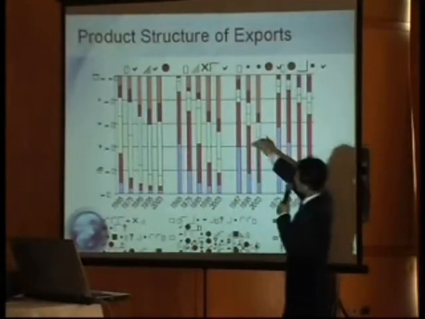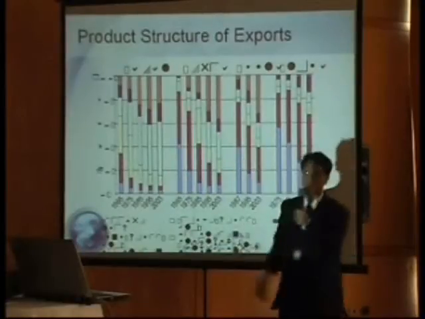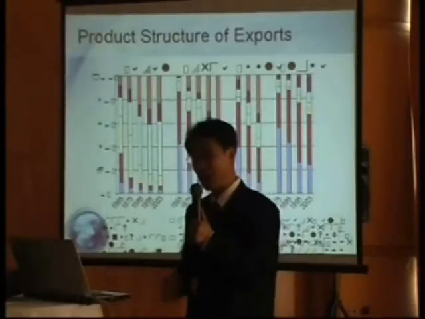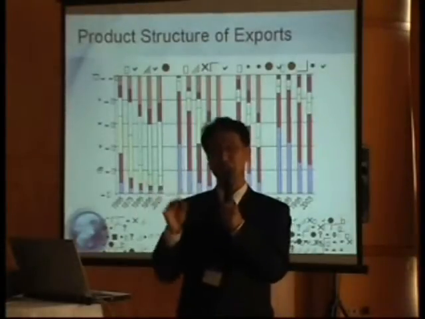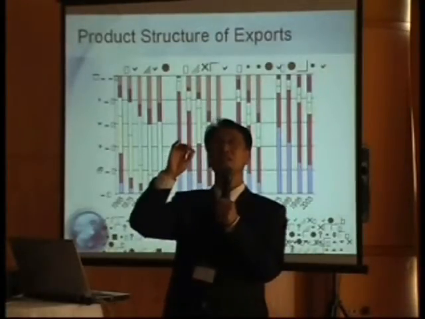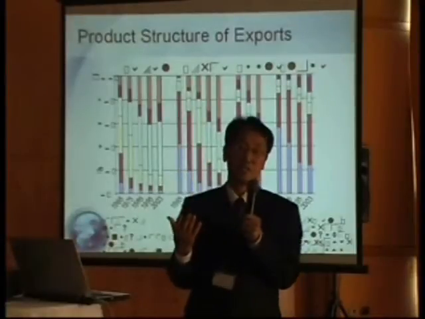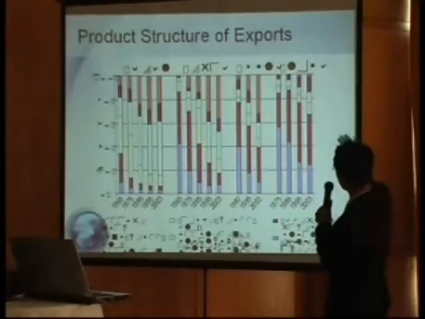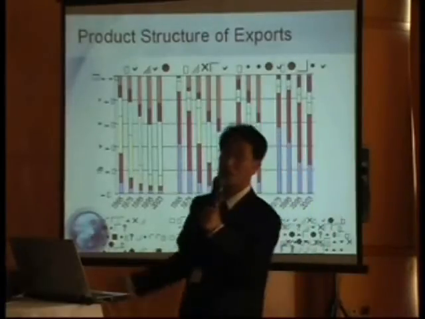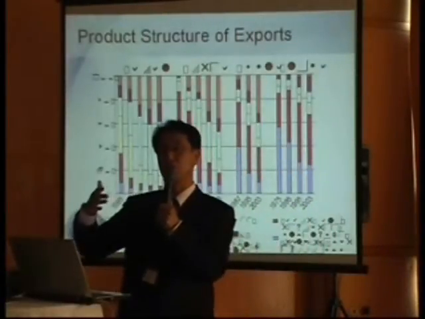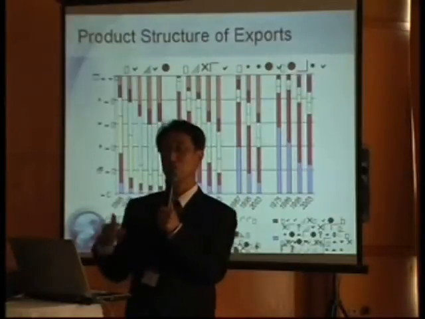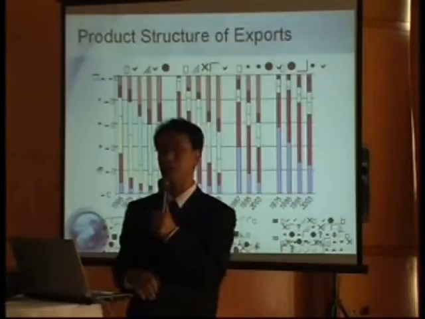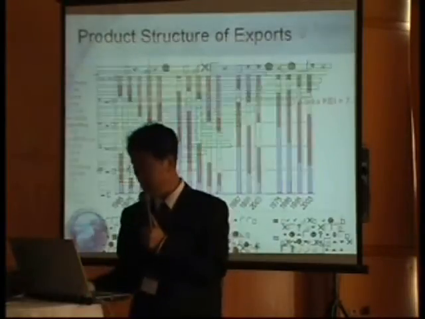Half of Korean exports are either electronics or highly technology-intensive products. Japan is smaller, China is approaching, and India is far behind. So that much we changed our economic structure toward a highly technology-intensive economy.